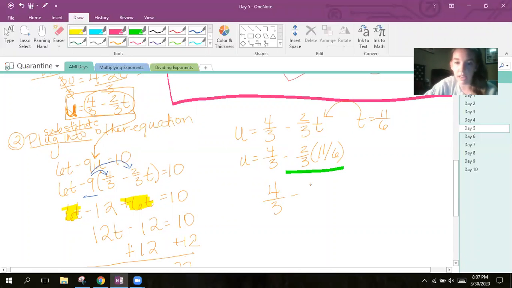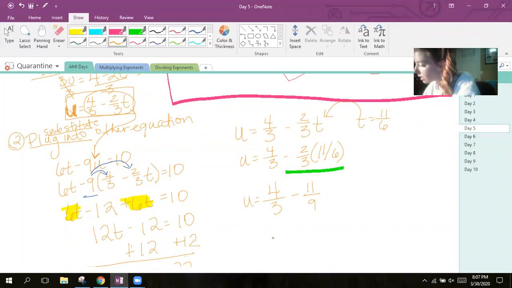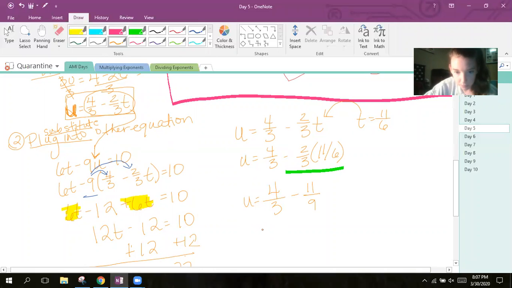So I get negative 11/9, and then 4/3 minus 11/9 is 1/9. Or if you wanted to write it as a decimal, you get 0.1 repeating.